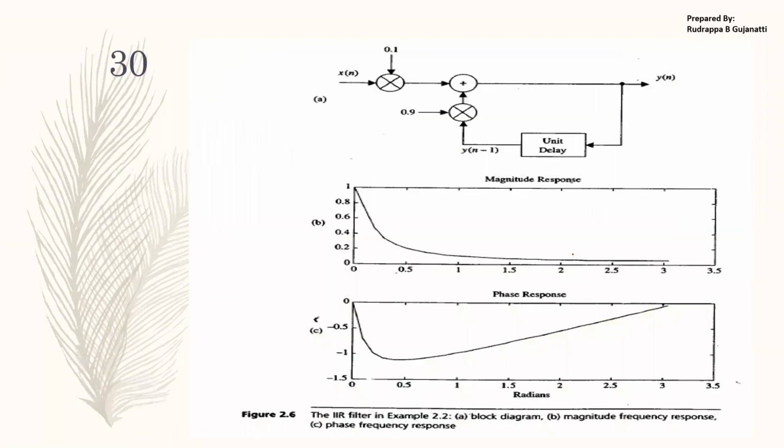This is the block diagram representation of the previous equation, where 0.1 times x of n is the present sequence, and 0.9 times y of n minus 1. When I add both, I'll get the overall output. If I want y of n minus 1, I have to pass this output through a unit delay, which is z raised to minus 1 for one unit delay.